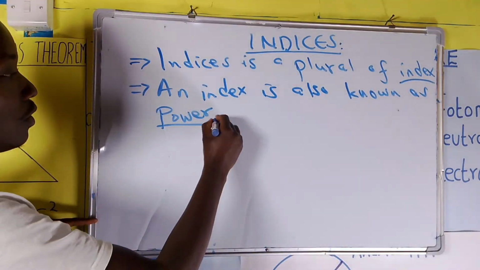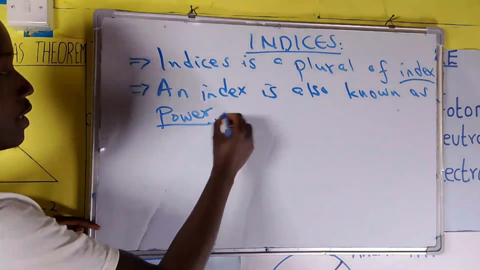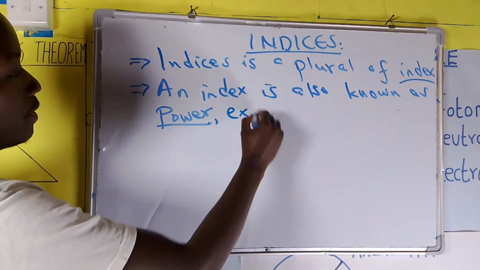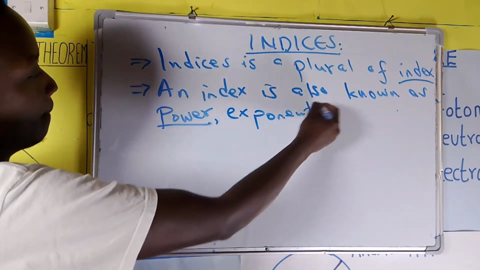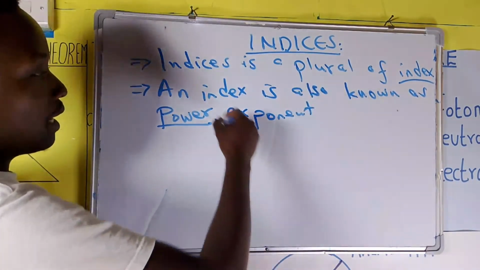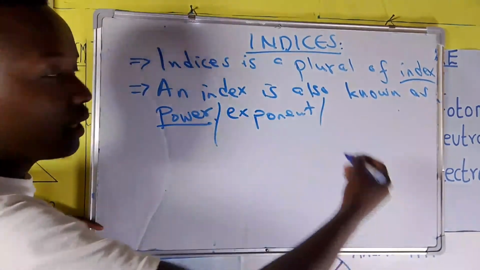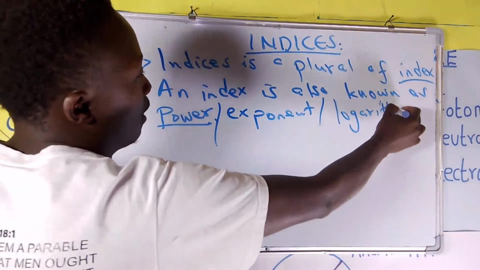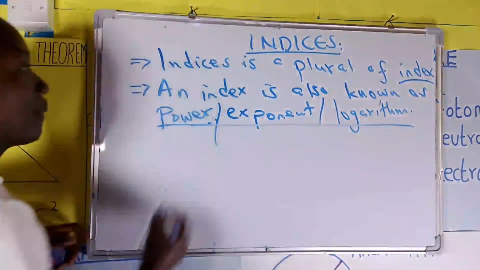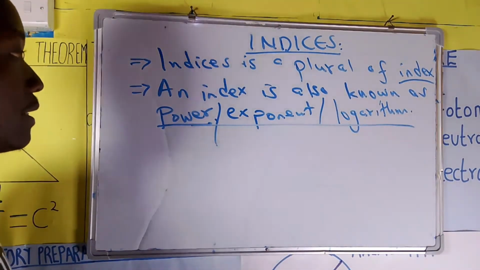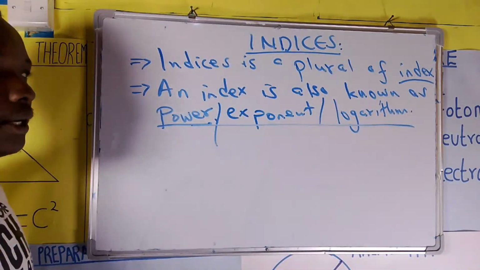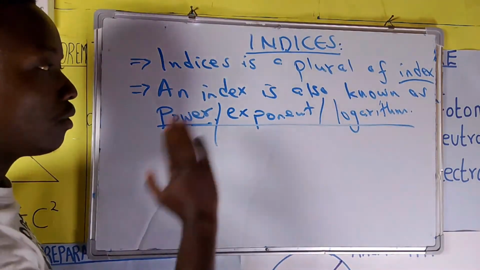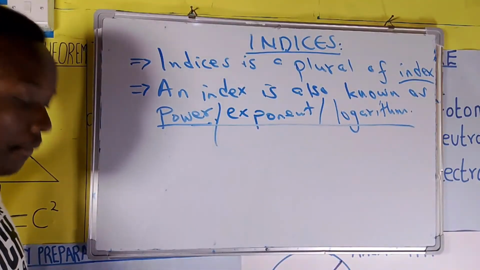It is also known as an exponent, and it can also be called a logarithm of a number. So an index is also known as a power, an exponent, or what we call a logarithm of a number.